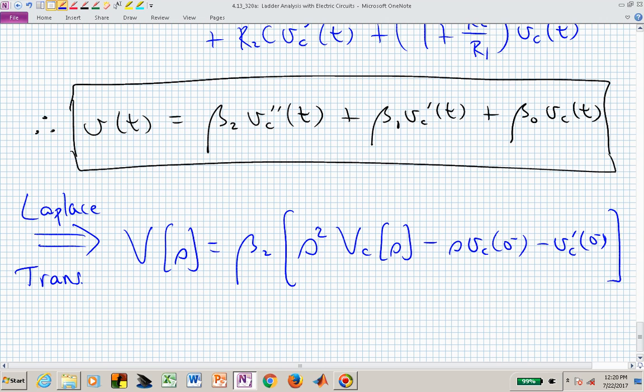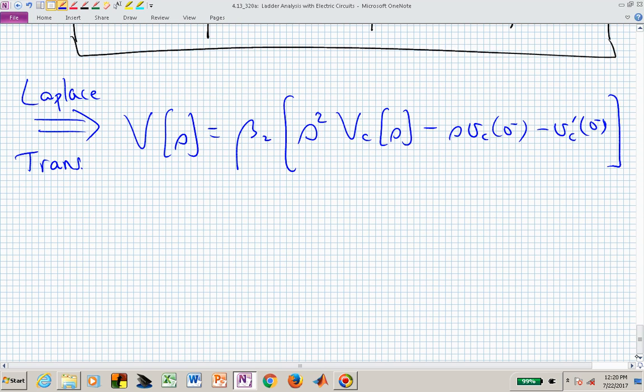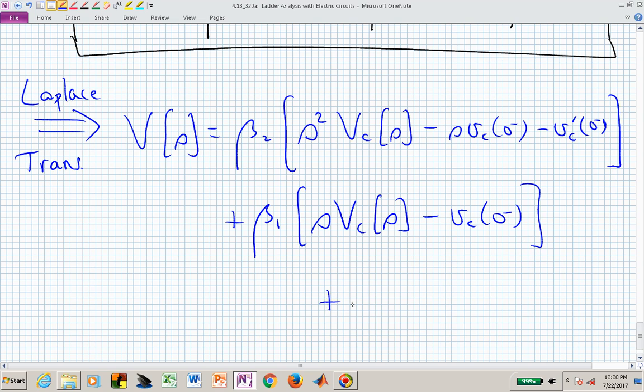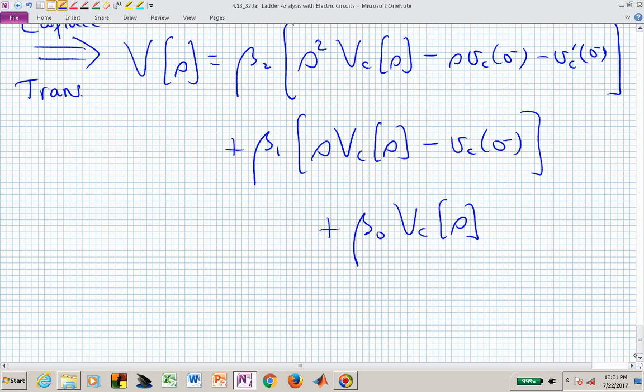and those are the time domain value of the capacitor voltage at 0 minus and the time domain value of its derivative at 0 minus, plus beta 1 times s v sub c of s minus v sub c of 0 minus, plus beta 0 v sub c of s. And we can combine all of those.